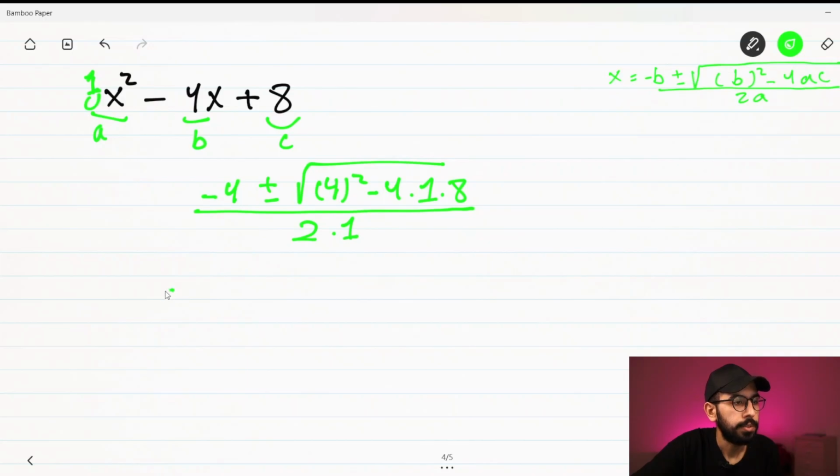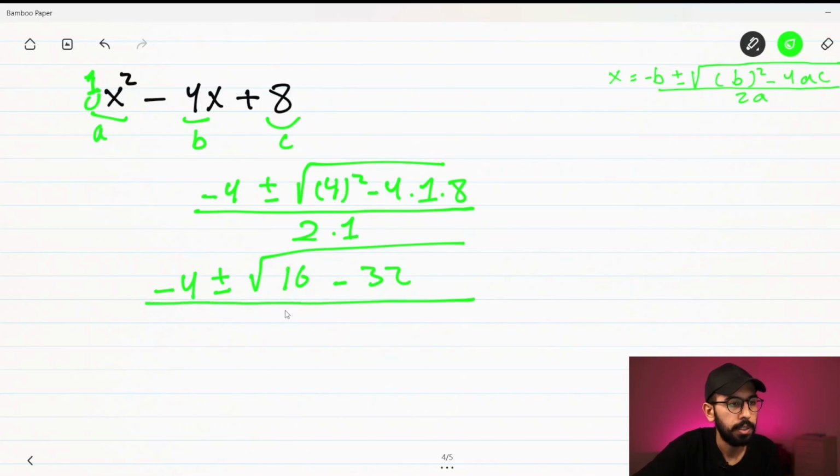Now we need to solve it. 4 squared is 16, minus 4 multiplied by 1 and by 8. That means 4 by 8 is 32, and all of it is over 2.